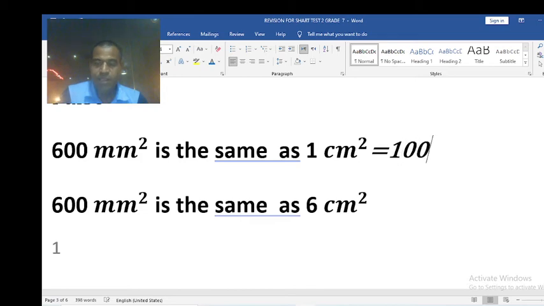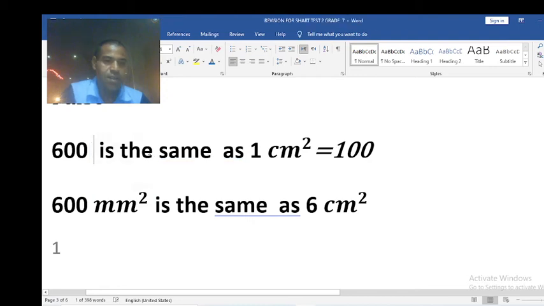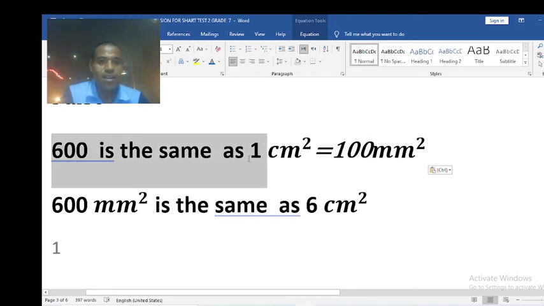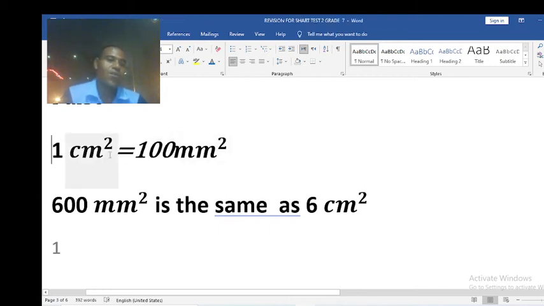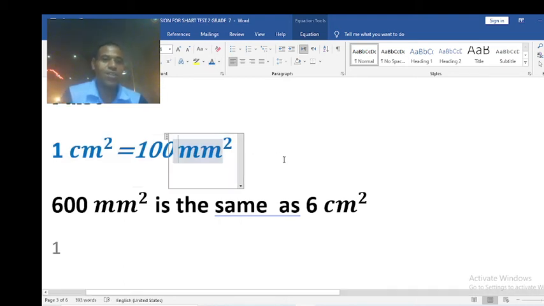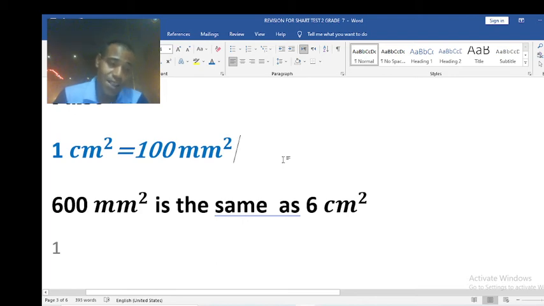Equal to 100 millimeter square. This is what your teacher taught you in the classroom. This is always true because 1 centimeter is 10 millimeters, and you should square this number. You should also square the power of 10, which is 10 to the power 2, giving 100.